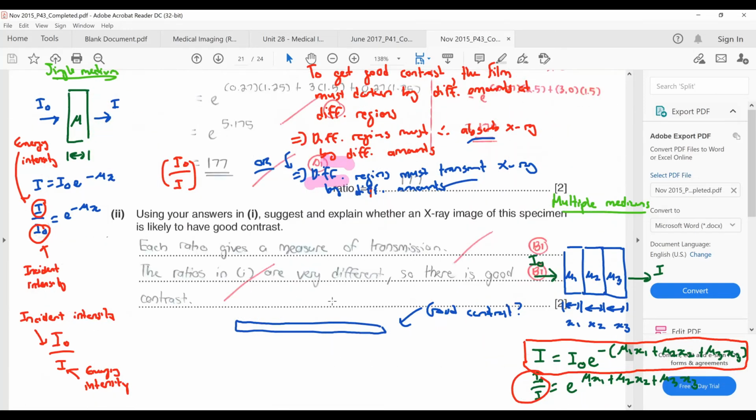But as I mentioned, rather than saying the different regions must absorb X-ray by different amounts, you can also say the different regions are transmitting X-ray by different amounts. So you have different absorption rates, different darkening rates, so good contrast.